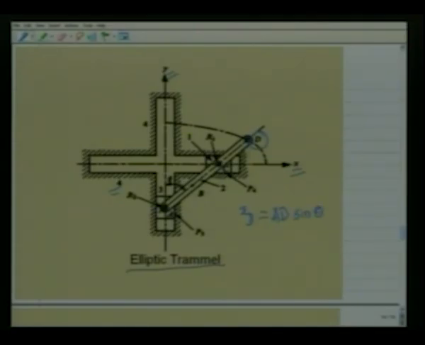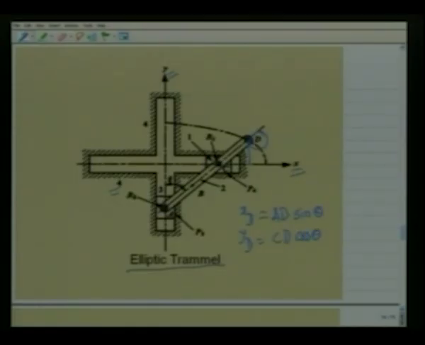Similarly, the y coordinate of this moving point D is CD cosine theta, so YD is CD cosine theta.